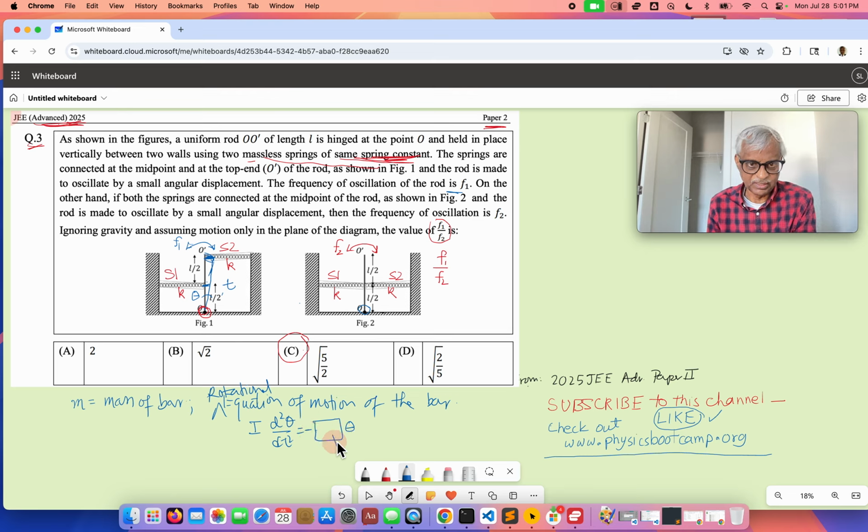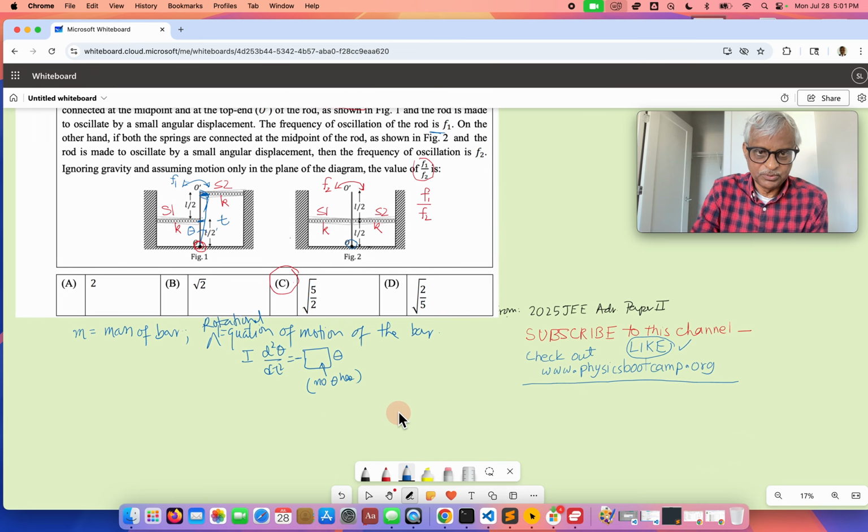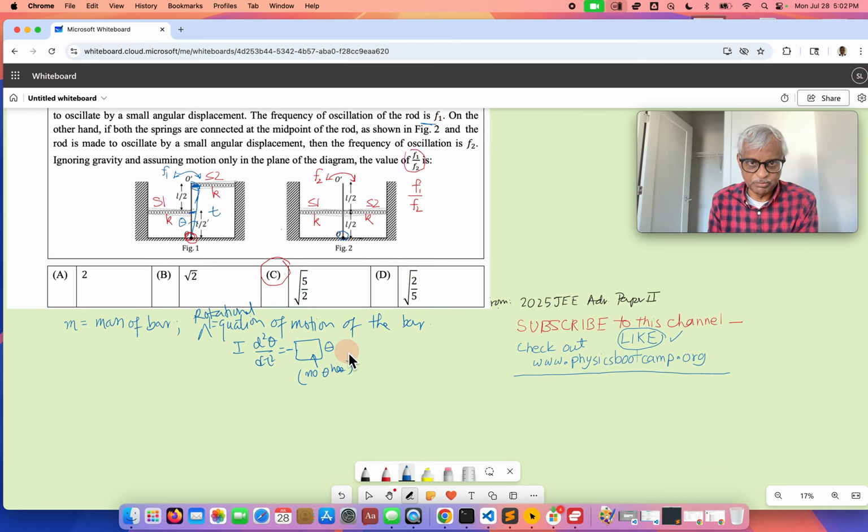There will be no theta here. From here, it's very easy to know that this is simple harmonic motion. This would mean d squared theta dt squared equals minus omega squared theta, by bringing I over here.